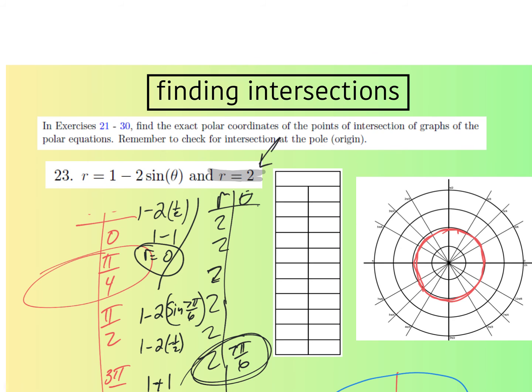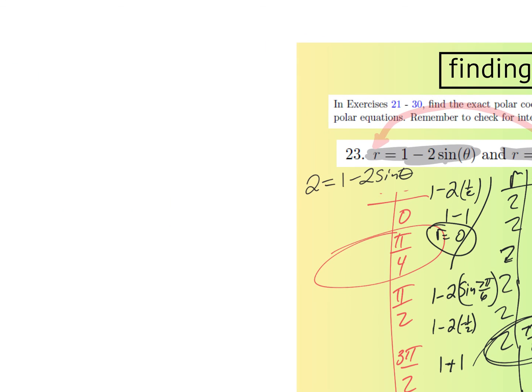If r equals 2 and r equals that, then if r really is 2, you can put a 2 right there. And 2 will equal 1 minus 2 sine theta. And then you can solve it. I'm just going to bring that over where I have more space here. 2 equals 1 minus 2 sine theta.